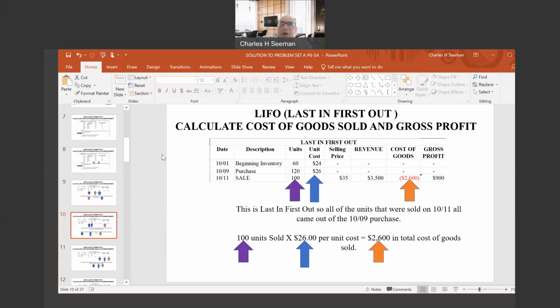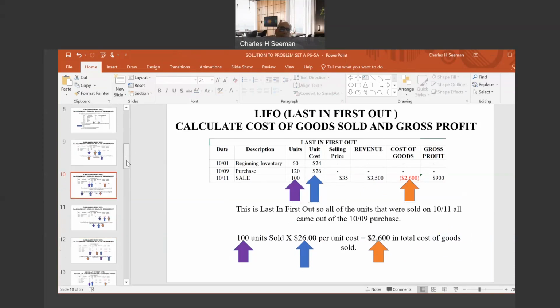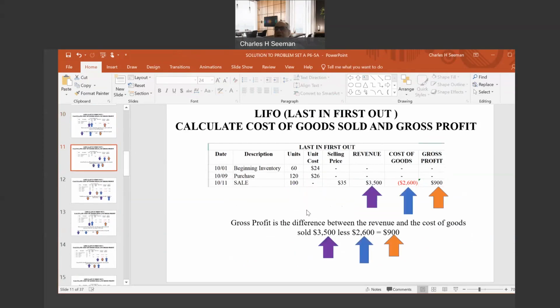So we simply multiplied the 100 units by the cost per unit of $26 to come up with a cost of $2,600. To get the gross profit, we simply subtracted the cost of goods sold from the revenue. So the 3,500 minus 2,600 leaves $900.